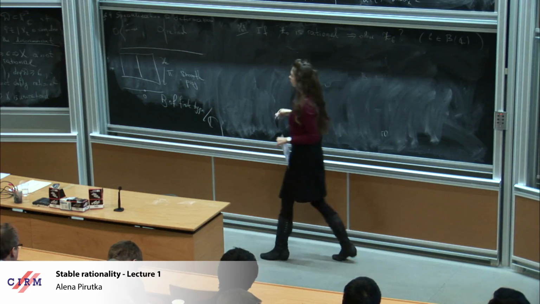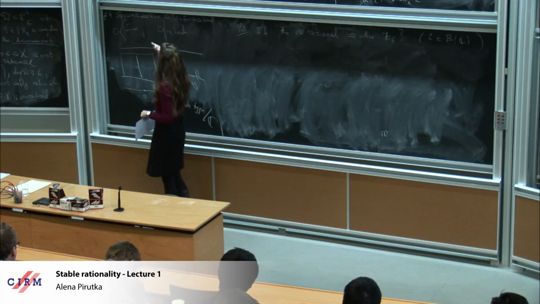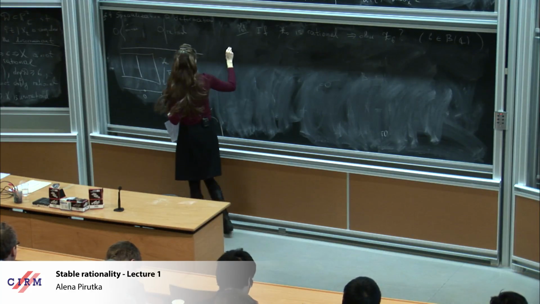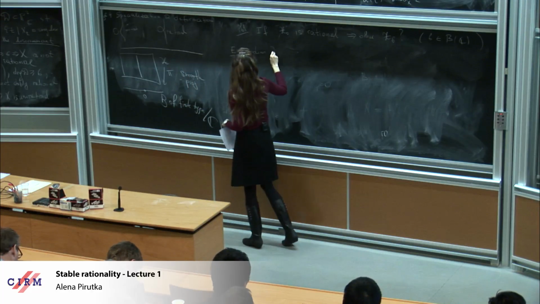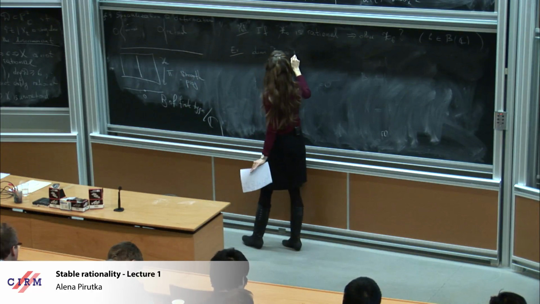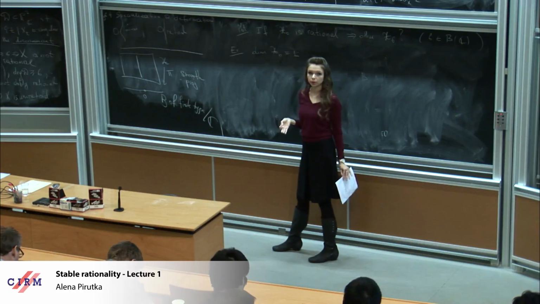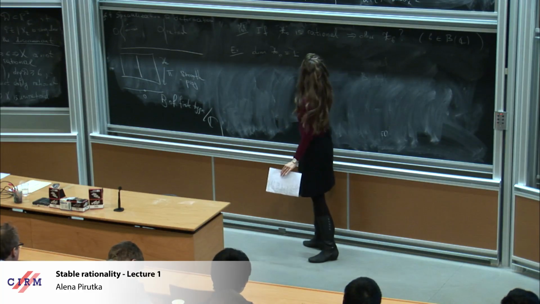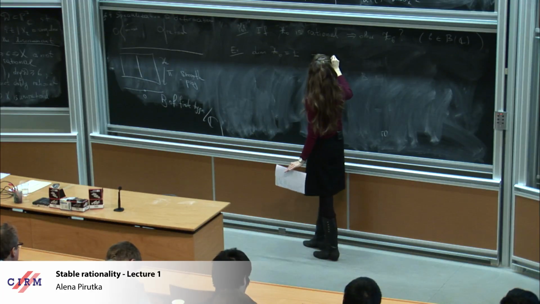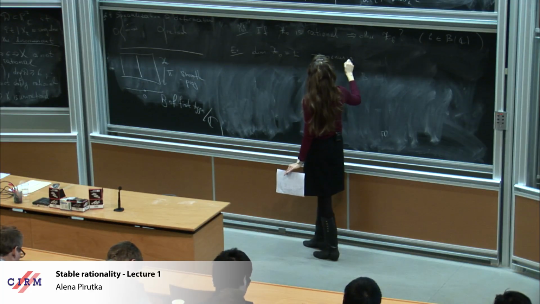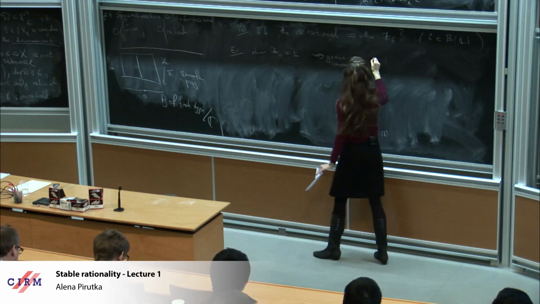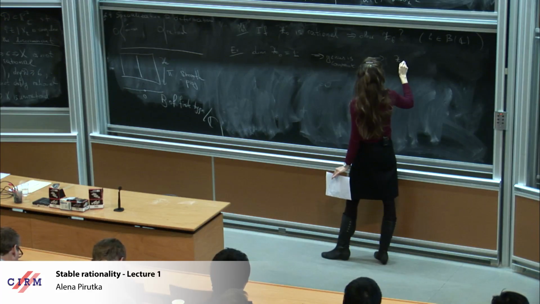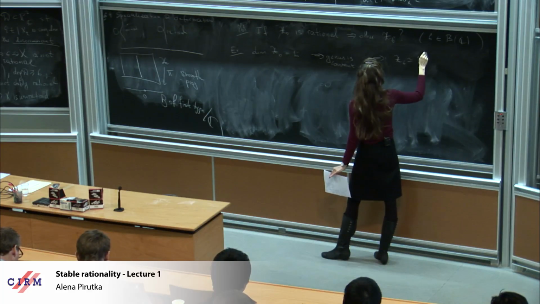Let's continue thinking about this problem for curves. Once we are in a smooth family, we know that the genus is constant. Because the genus is constant, and I know that in one case it's 0, it's going to be 0 everywhere. So X_b also is going to be just the projective line.